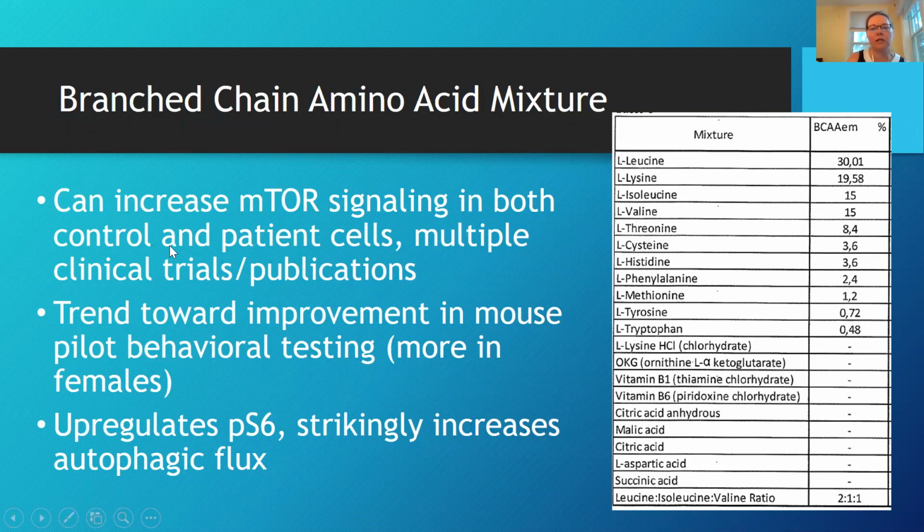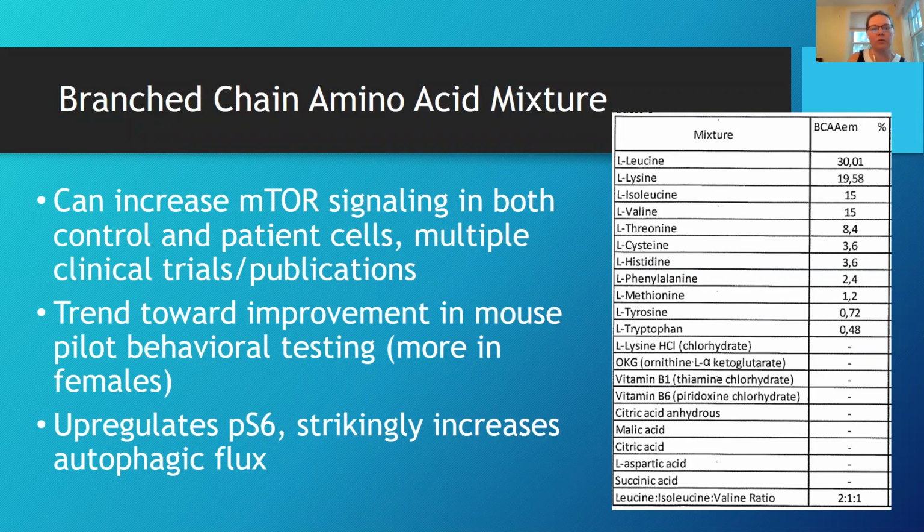We have shown that it can increase mTOR signaling in control and patient cells. And we started using it in our mouse pilots. We had a trend toward improvement in our very small pilot studies. We wanted to make sure that we weren't going to cause any off-target effects, so we started small, and we already saw an improvement there.